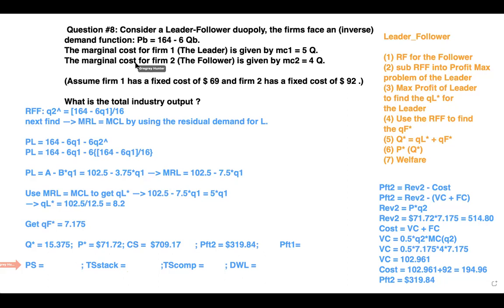Okay, well, let's take the pieces. Did you all calculate the profit for firm one? Yes. So what did you get for the profit for firm one? 351.25.